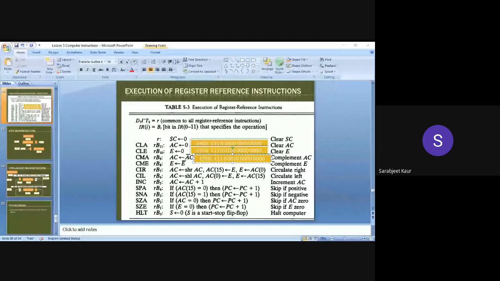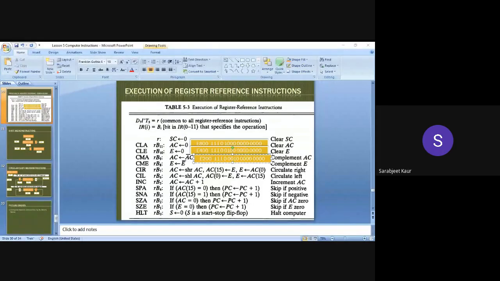We assume that there is a flip-flop called the start flip-flop, and we denote it by S. So when we need to halt the execution of the program, we set the halt bit. What we mean by this is that internally we are setting this S flip-flop to 0. Is this clear?